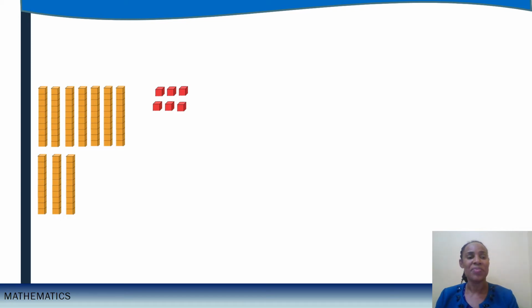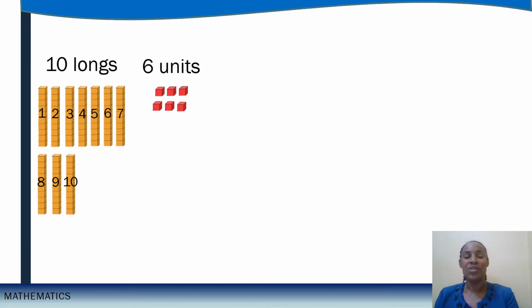Count with me. 1, 2, 3, 4, 5, 6, 7, 8, 9, 10 longs. And how many units do you see? Great, 6 units. So there we have it, 10 longs and 6 units. Do you know what number 10 longs and 6 units represent?